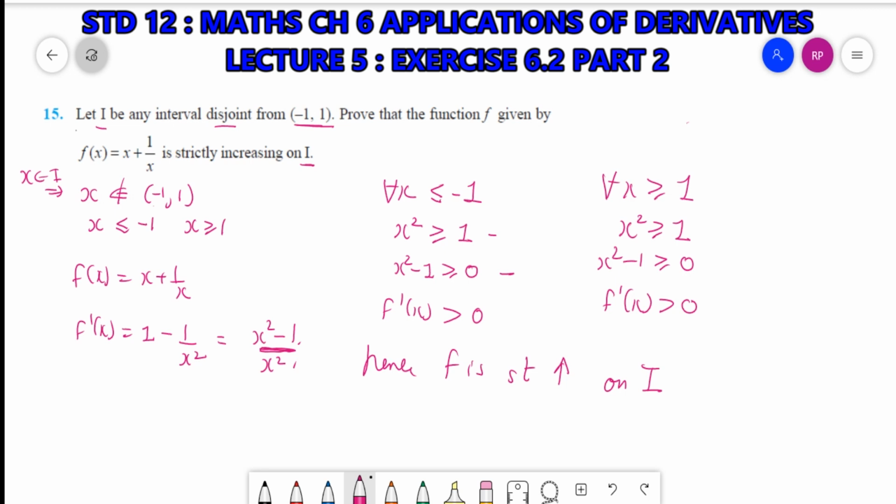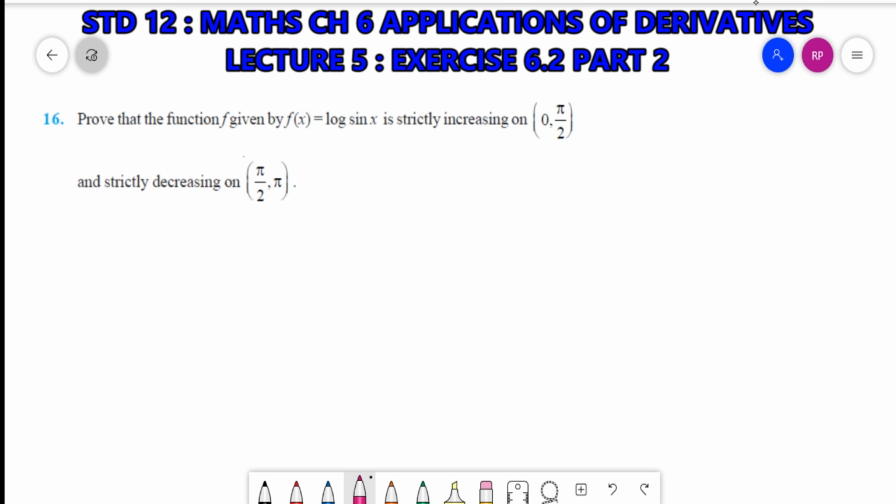Now let's move to the next, that is question number 16. Question number 16. Prove that the function f given by f(x) is equal to log sin x is strictly increasing on 0 to pi by 2 and strictly decreasing on pi by 2 to pi.